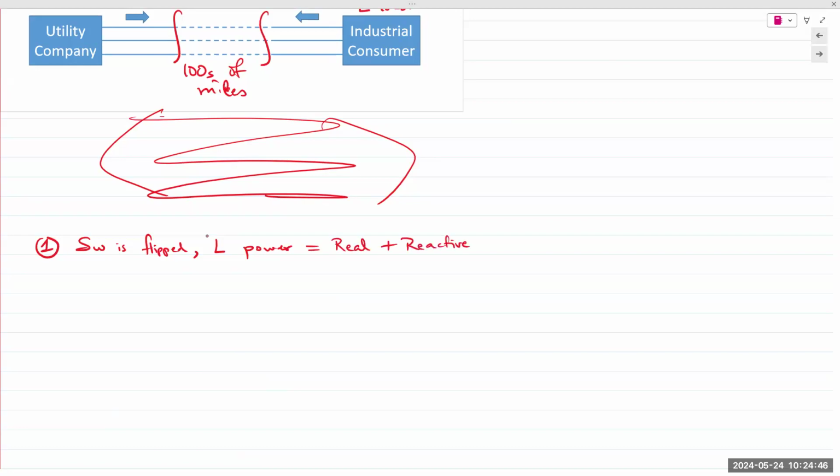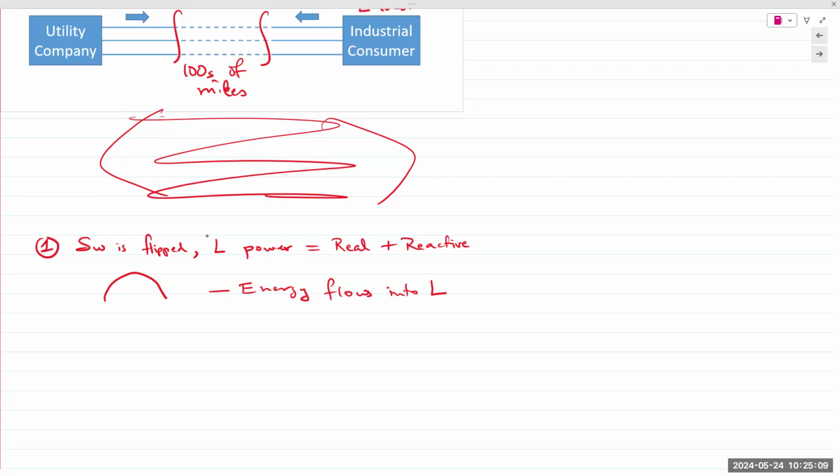Okay. In the positive half cycle, the energy flows into the inductor. This is when the switch is first flipped on. And now we are slowing down time. We have Dr. Strange on the job. Okay, he slows down time.